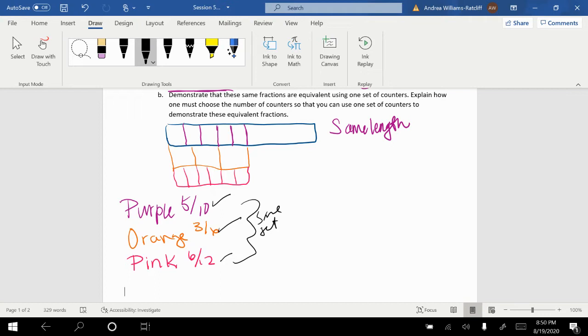I could move forward. I could do whatever would work in that pattern. So let's look at this and think about it: if my pinks are 12ths and my oranges are 6ths, and my purple are 5 or 10ths, then I'm really going to have some sort of a value that can be grouped into equal numbers of sets here.